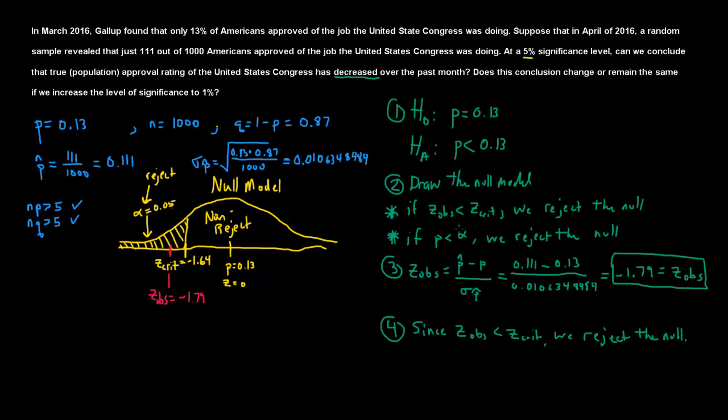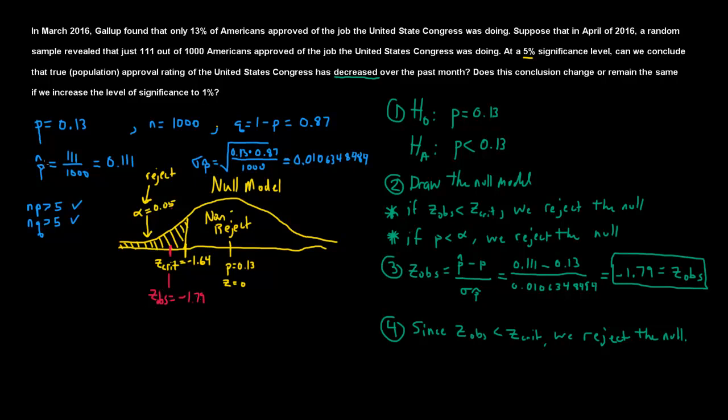Now, let's show you how to do the p-value approach. The p-value approach is when you find the probability of getting a z-value of your observed or more extreme. So what's the probability of getting a z-value of negative 1.79 or a more extreme value?